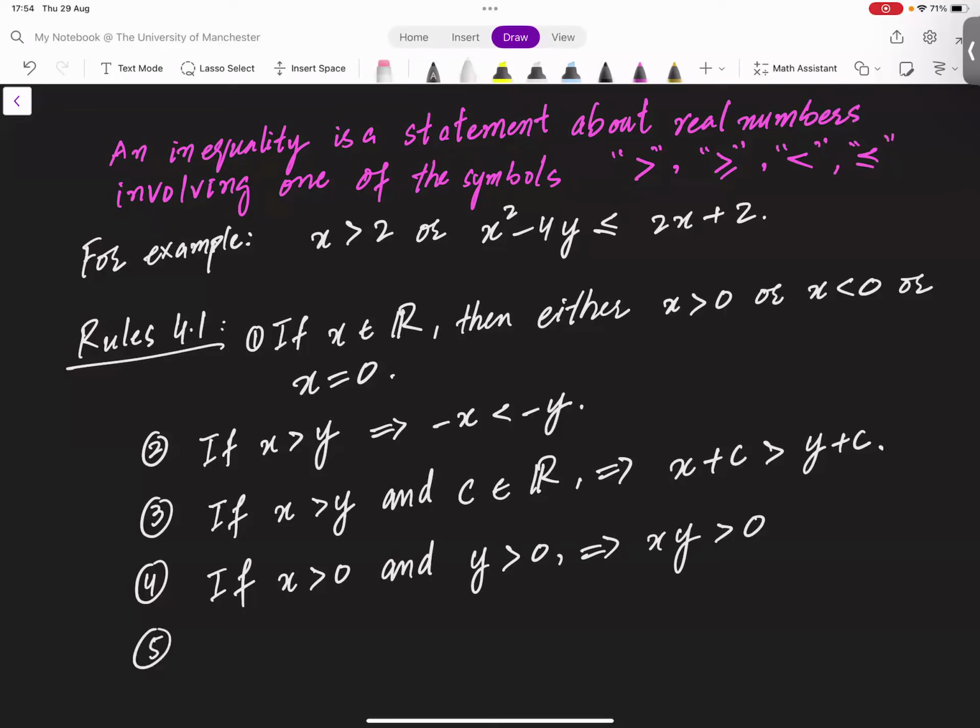Rule 5: if x is greater than y and y is greater than z, then x is also greater than z. These are the rules we follow to solve inequalities.